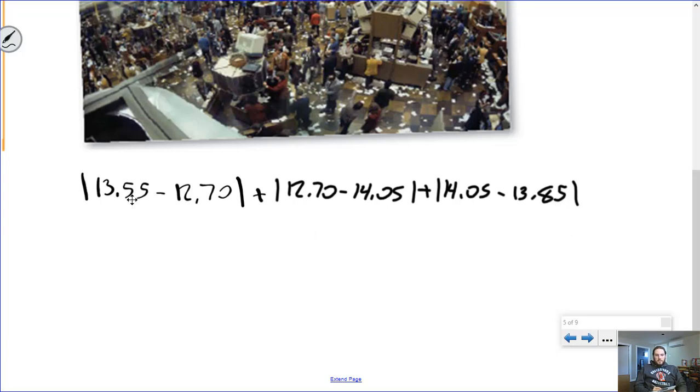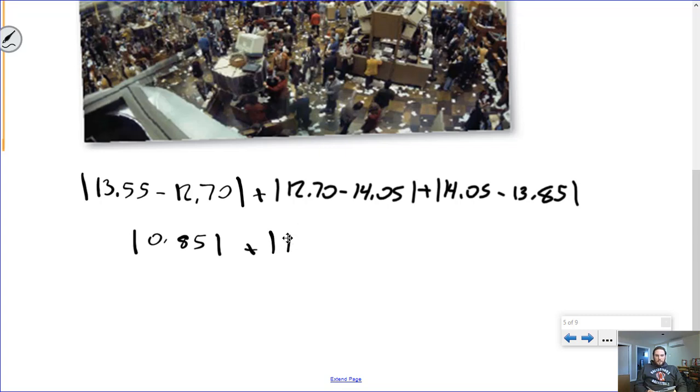So if we started at 13.55 and we're going down to 12.70, that would be a drop of 0.85. Okay. Plus from 12.70 up to 14.05, that's a gain of 1.35.